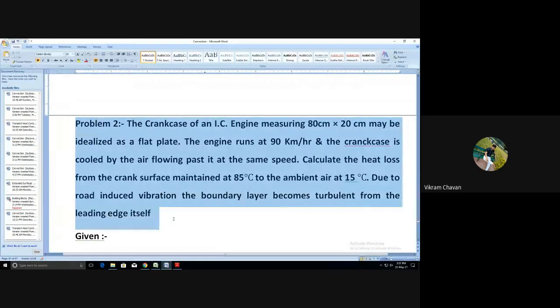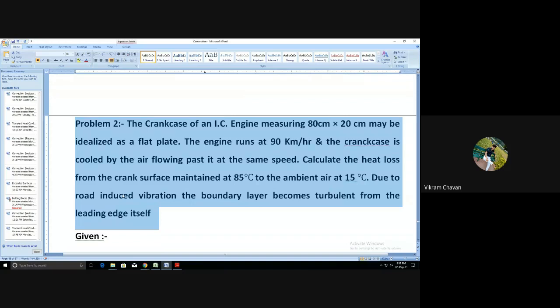Problem number 2. The crankcase of an IC engine measuring 80 centimeter by 20 centimeter.